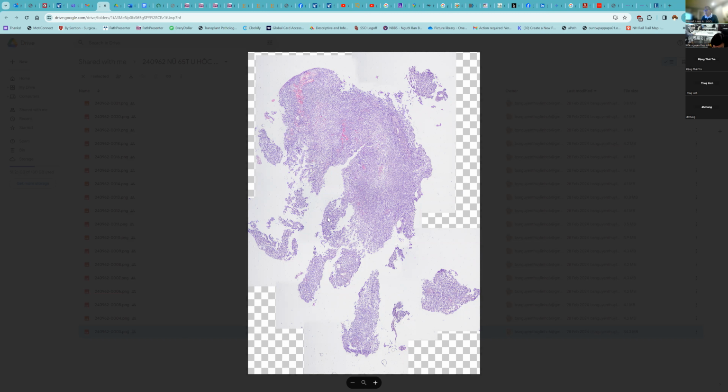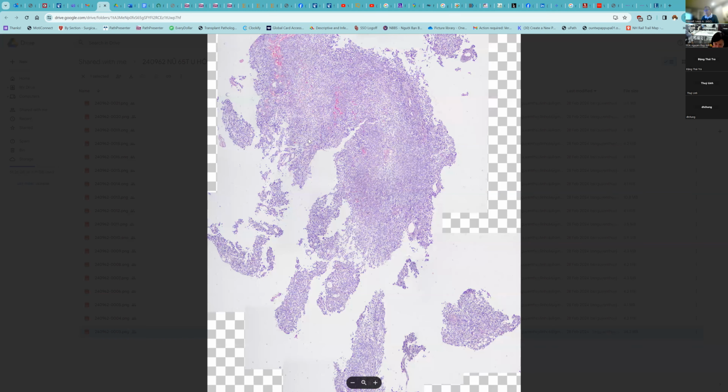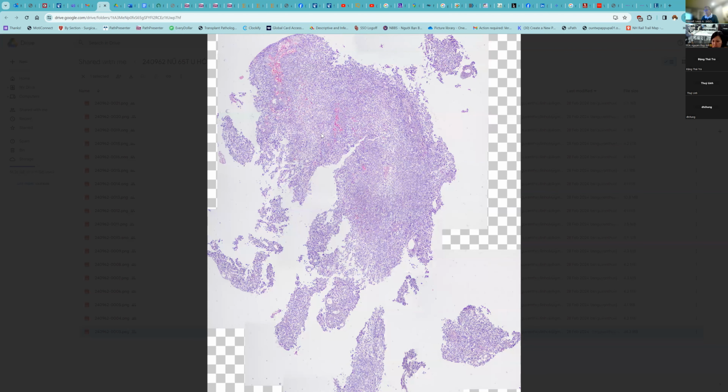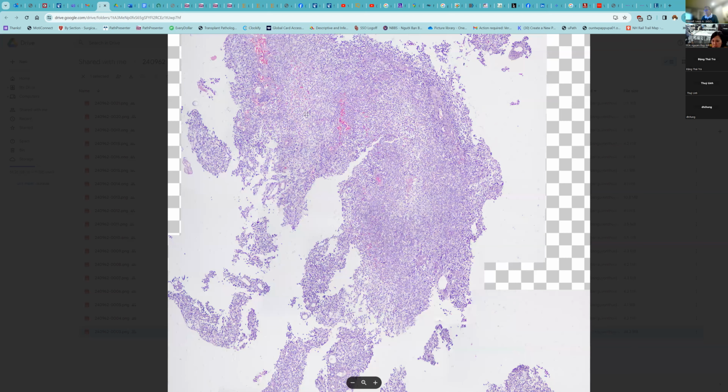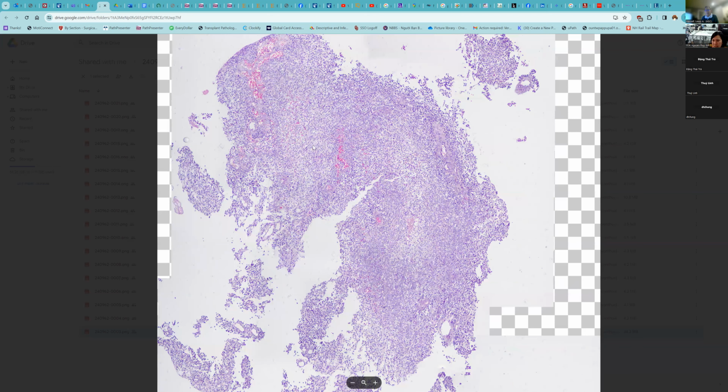I have stained a lot of markers because it looks like a brain tumor, maybe benign, with hemangioma. I think so. The first I think is hemangioma.